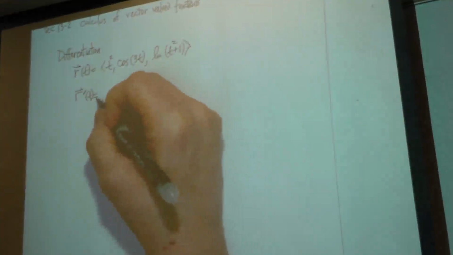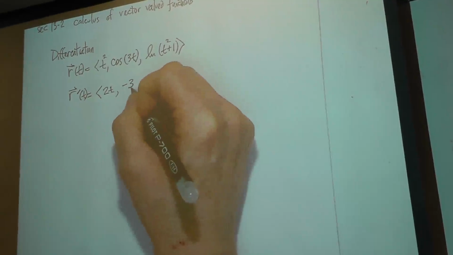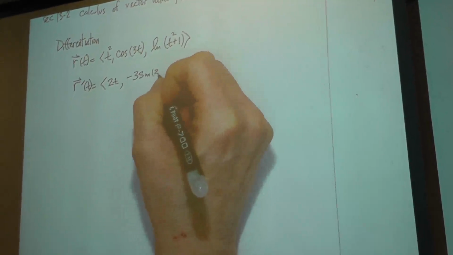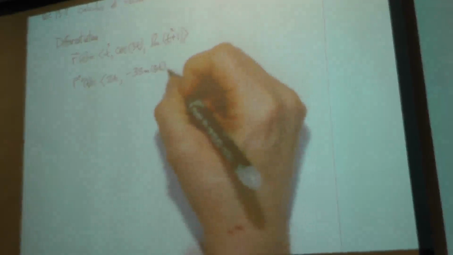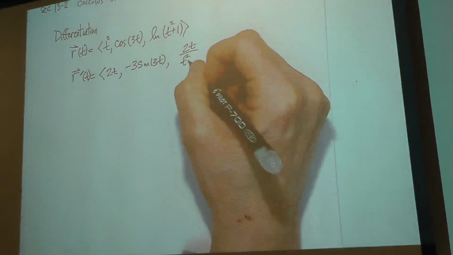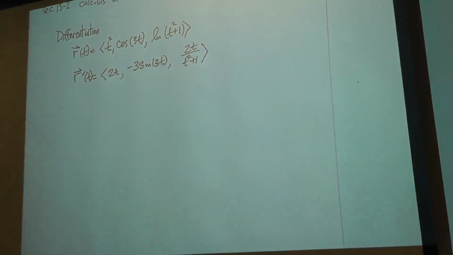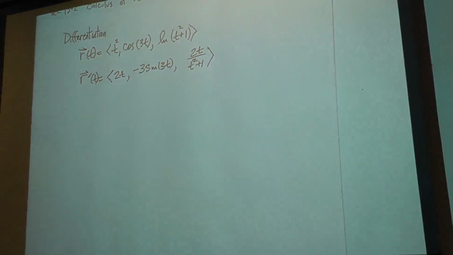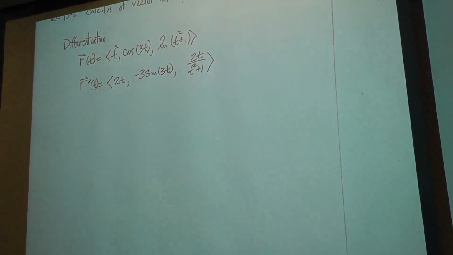So I would get here 2t minus 3 sine of 3t and 2t over t squared plus 1. No big deal here.